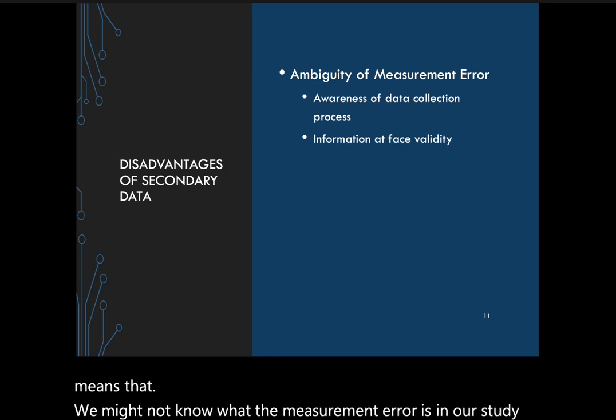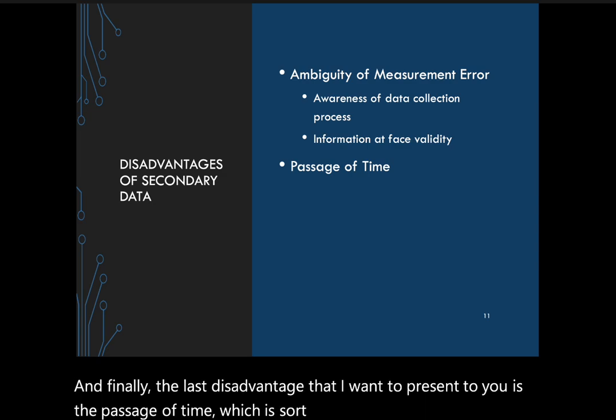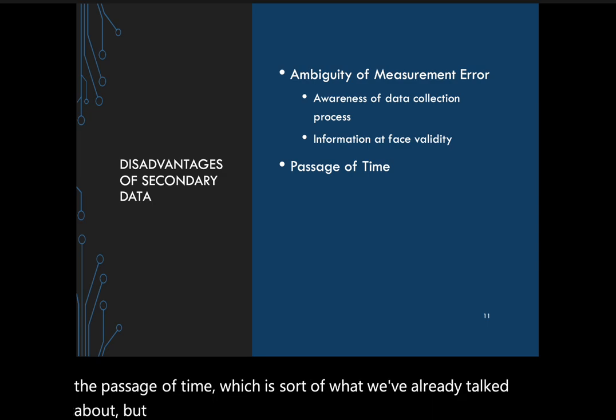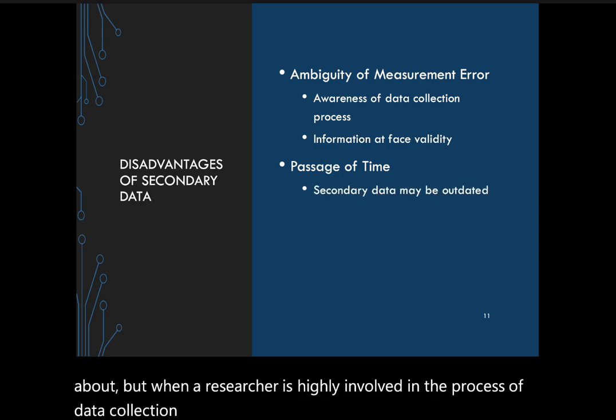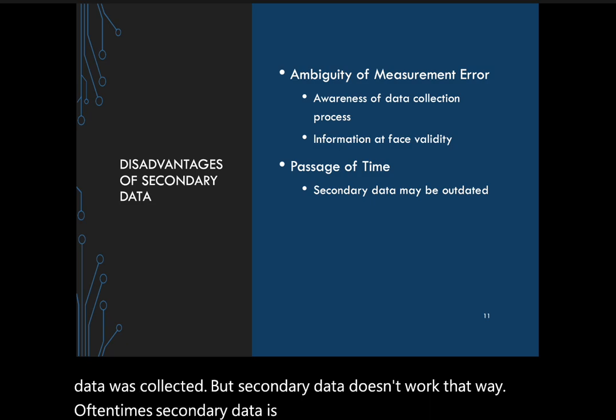Finally, the last disadvantage that I want to present to you is the passage of time, which is sort of what we've already talked about. When a researcher is highly involved in the process of data collection, they know exactly when that data was collected. But secondary data doesn't work that way. Oftentimes, secondary data is collected multiple times and over multiple stints.